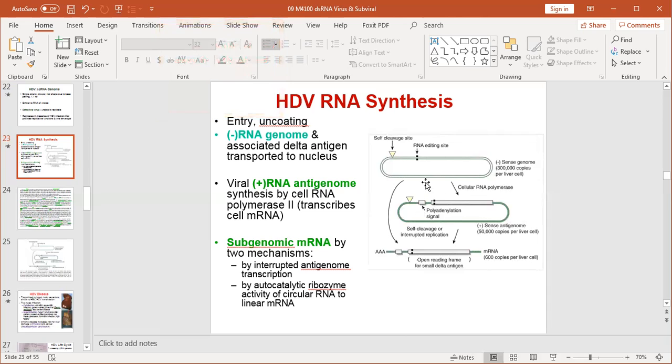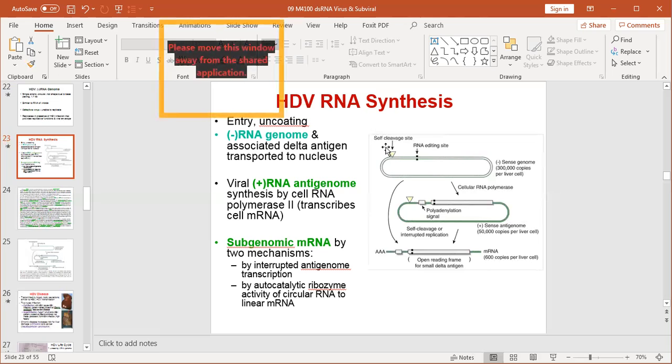But basically, the RNA that we make has a self-cleavage site that, through an autocatalytic activity mediated by an enzyme called ribozyme, will convert this circular RNA at the bottom to a linear mRNA. So we have these three types of RNAs. The most abundant one would be the negative sense genome, like 300,000 copies per liver cell.